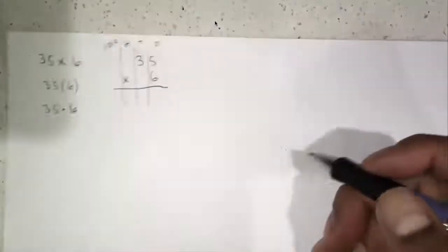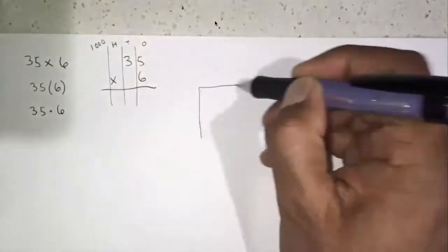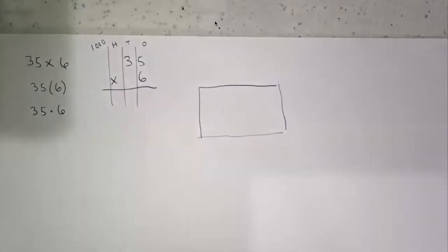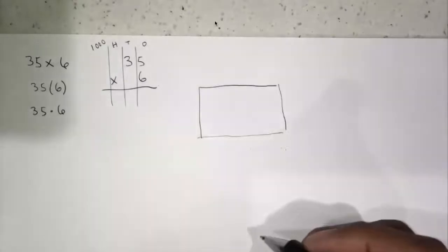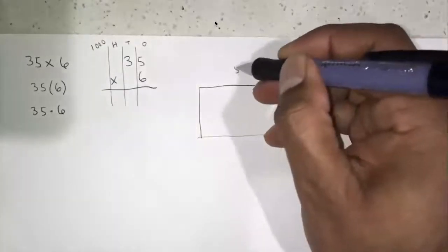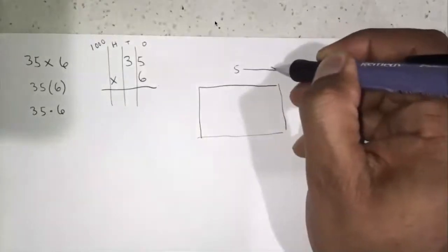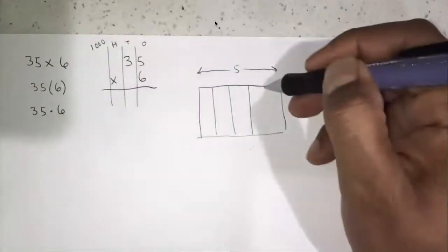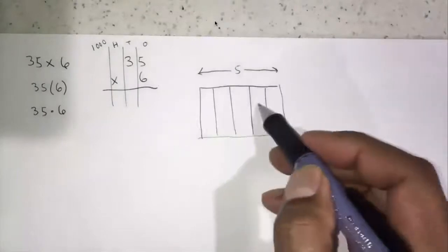Before I continue with this, I'm going to take you back to the bar diagram that you were taught in elementary school, or the matrix or an array. So I'm going to make this 5 columns: 1, 2, 3, 4, 5.